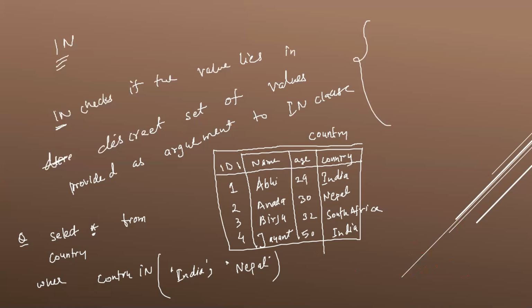So how many results will be there? 3 results will be there, corresponding to the first, second, and fourth rows. I'm sorry, I drew too big a square and accidentally included this. So these 3 would be the result: ID number 1, ID number 2, and ID number 4.